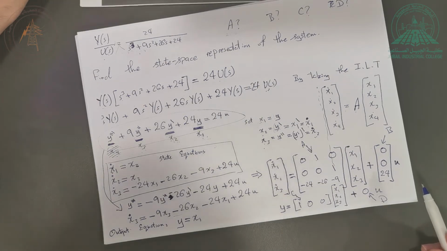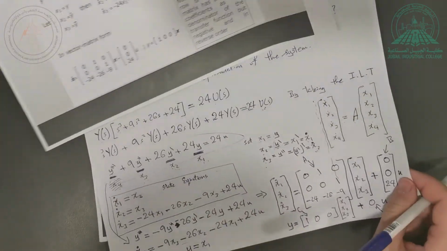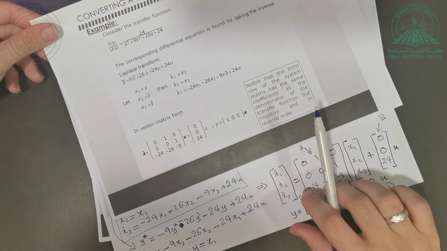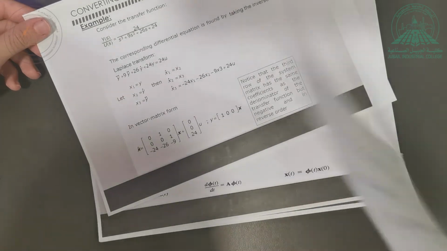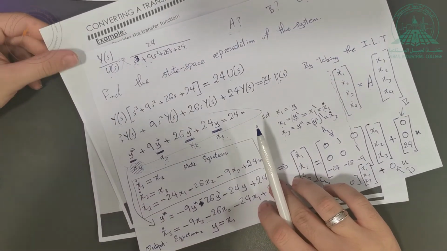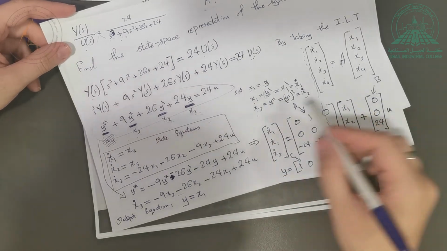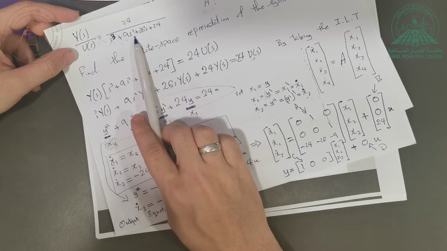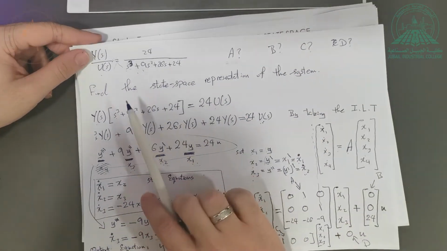Now, if we go back to the actual question, before we do that, here you have the steps written in the slides again. If you compare our solution here to the transfer function given in the question itself, what can we notice?